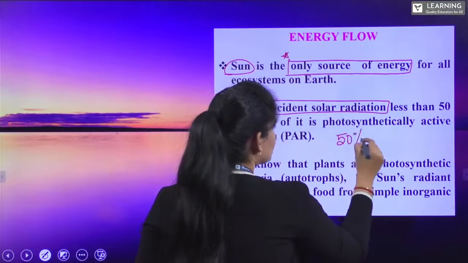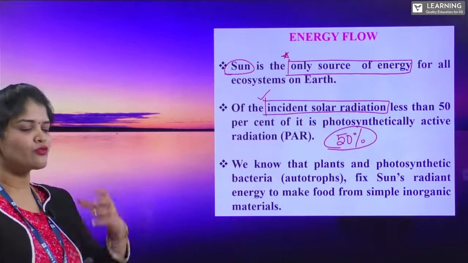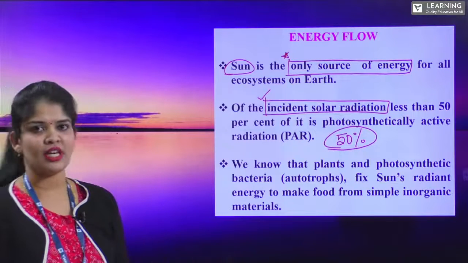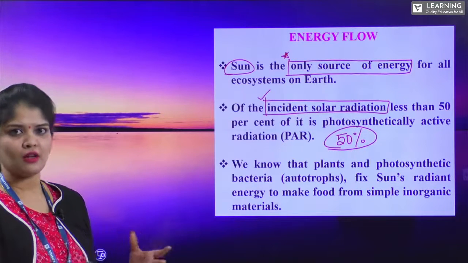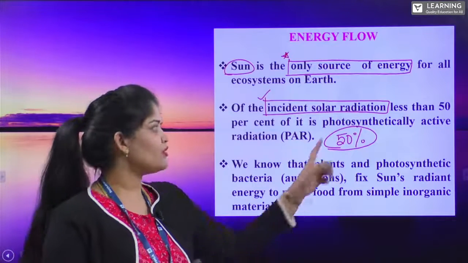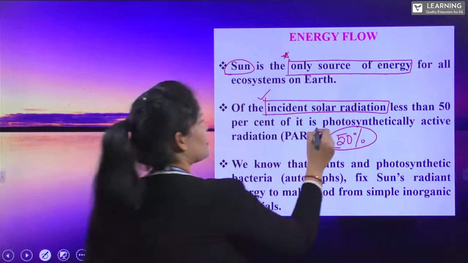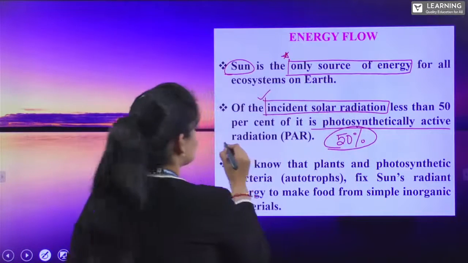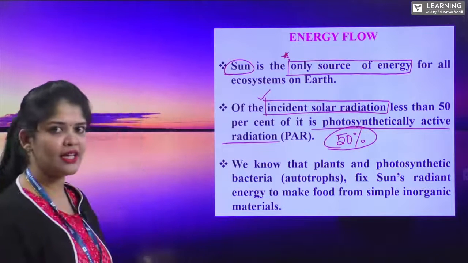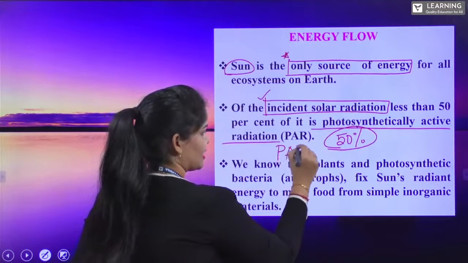It's not 100% of the energy which we get from the sun and which reaches the earth. It is only 50% of the total energy, that is photosynthetically active radiation, what we call PAR.